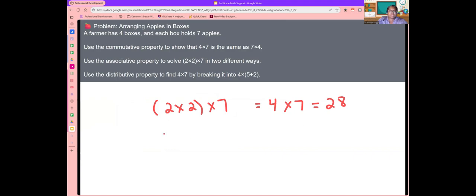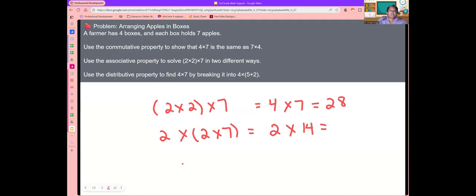Now, a different way we could set this up would be 2 times, and we could just move this parentheses over and do 2 times, in parentheses, 7. So this time we would have 2 times 14. Well, this is either 2, 14 times or 14, 2 times.